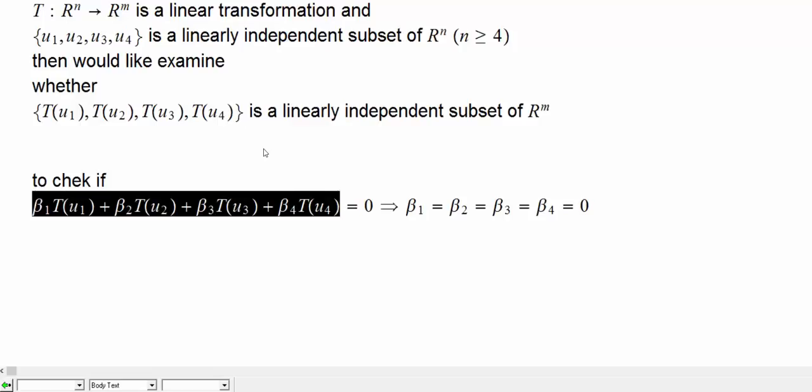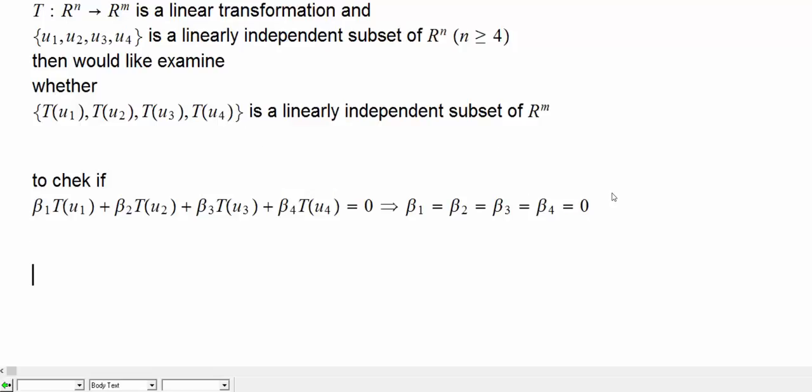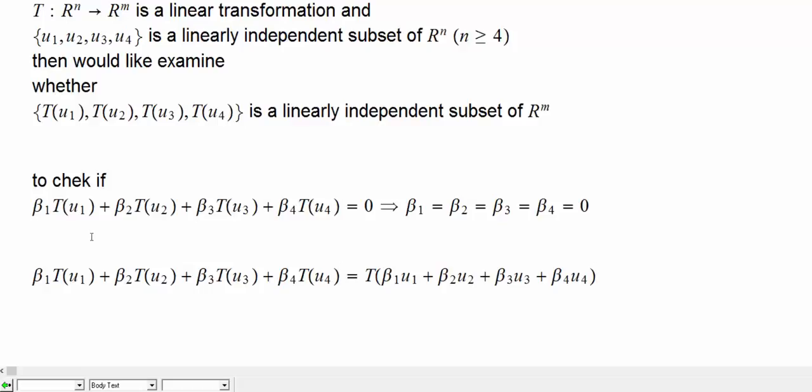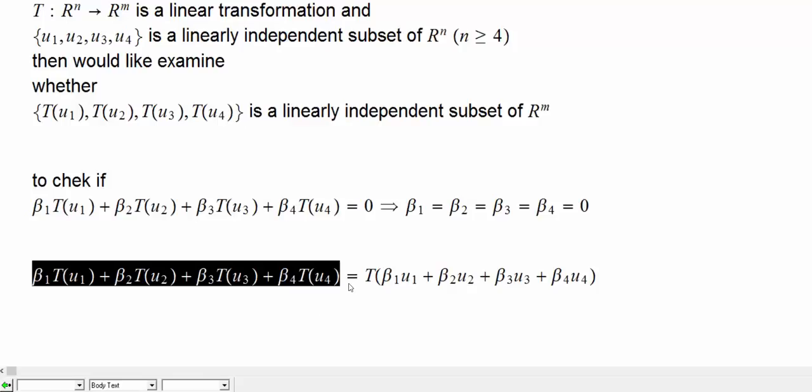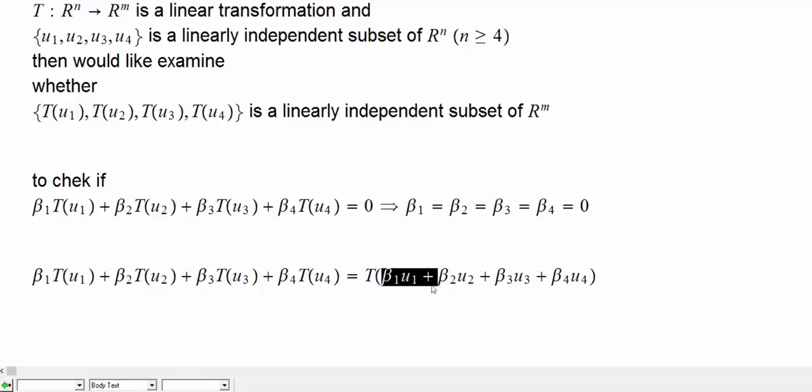Because T is a linear transformation, what will this translate to? T being a linear transformation means that this linear combination is the image of this linear combination, right?